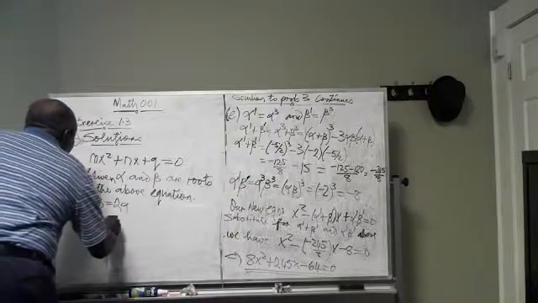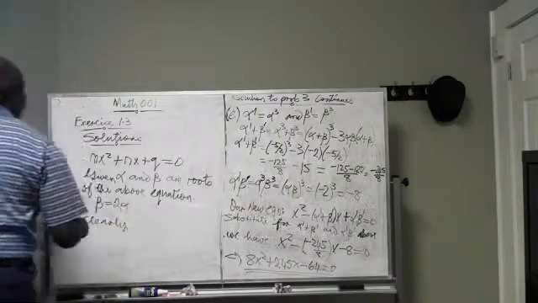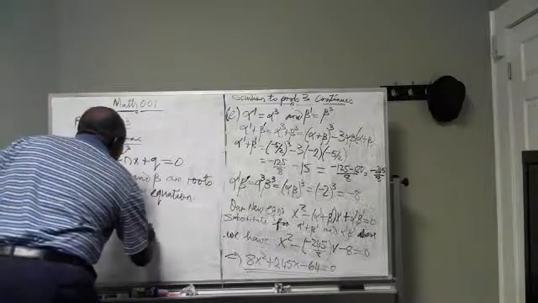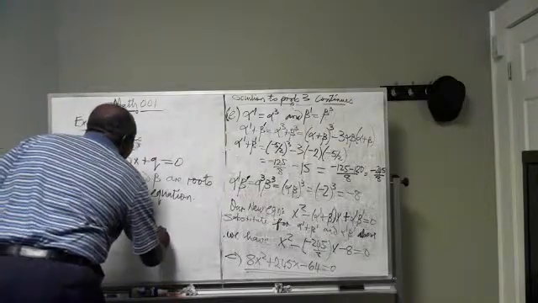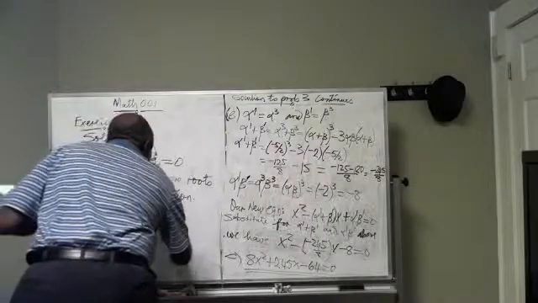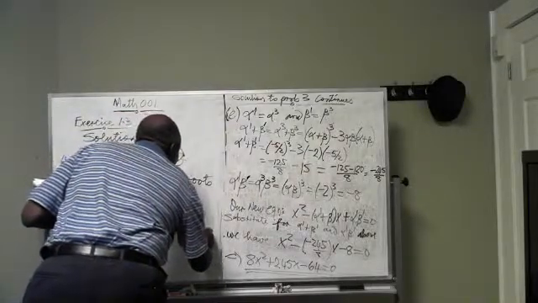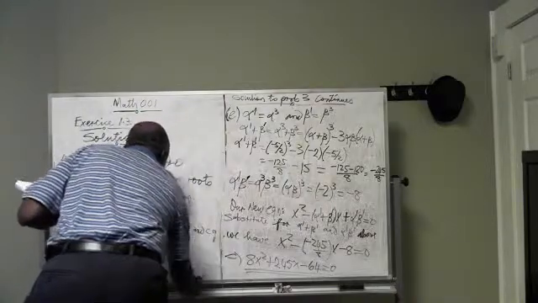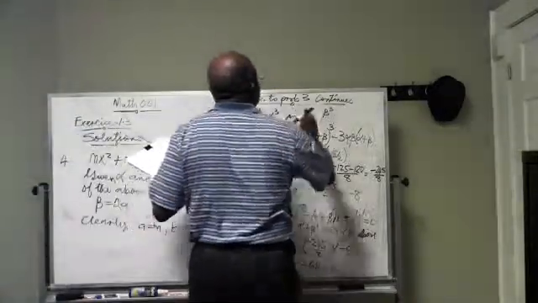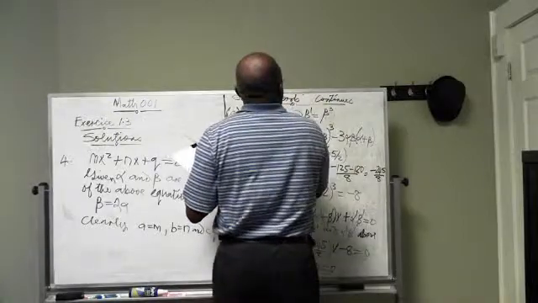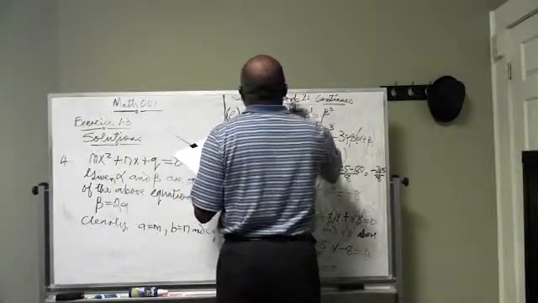Clearly, a equals m, b equals n, and c equals q. Problem 4 continues here.